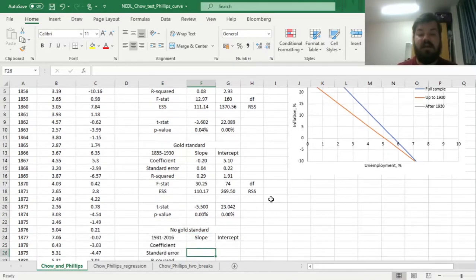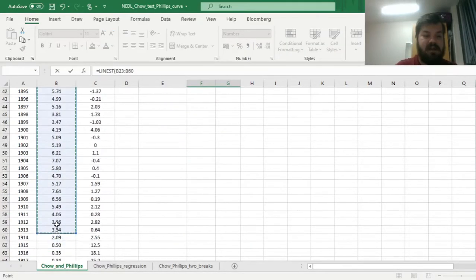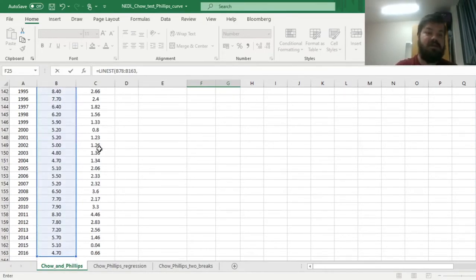To test that, we have to apply the linear regression for the second subsample from 1931 until 2016, the period when the UK was no longer on the gold standard, when it did abandon it. So we need to enforce the Linest function starting from row 78, representing year 1931, and until the very end of our sample period, here it's 2016.